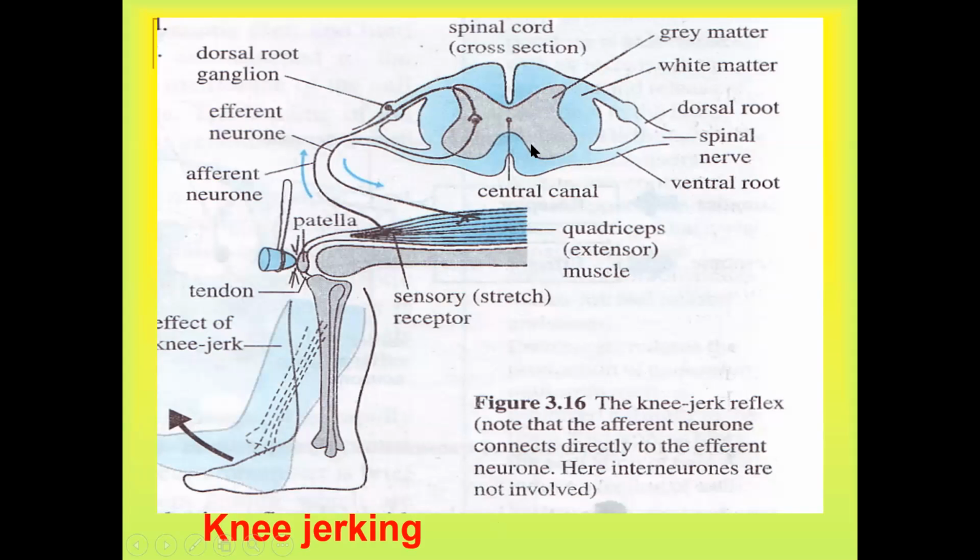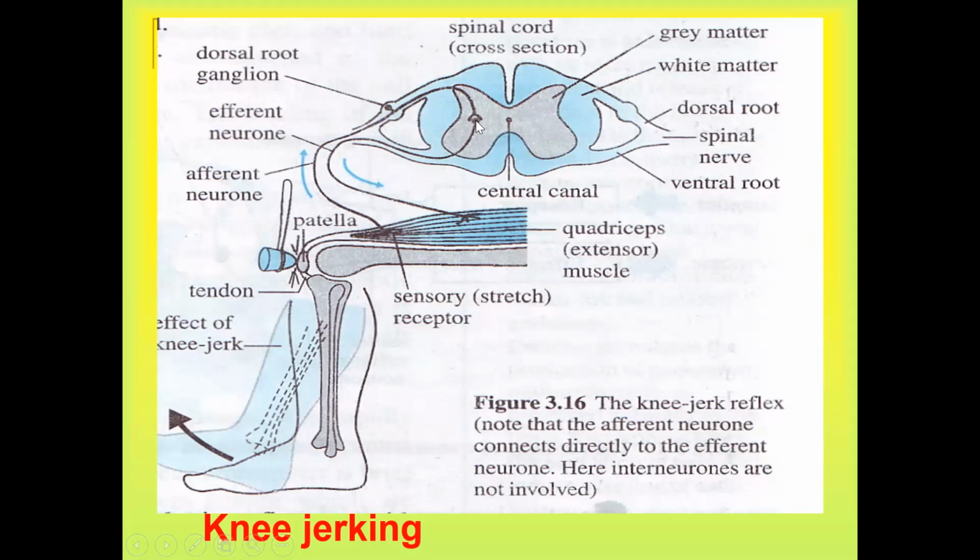Same goes for the knee jerking. For the knee jerking, if you notice, this is still the spinal cord, but there is no interneuron. There are only afferent and efferent neurons. This is the afferent neuron, I make it a line, and it arrives at the spinal cord.